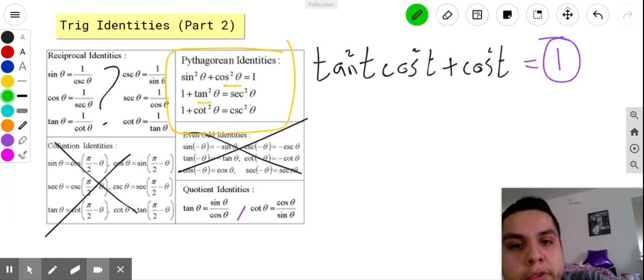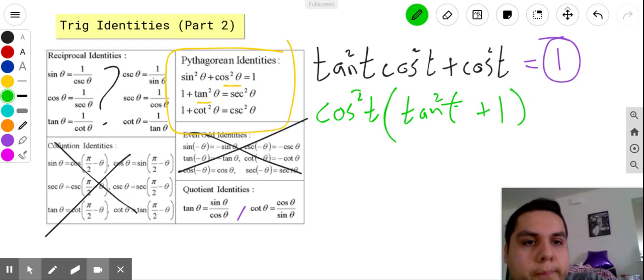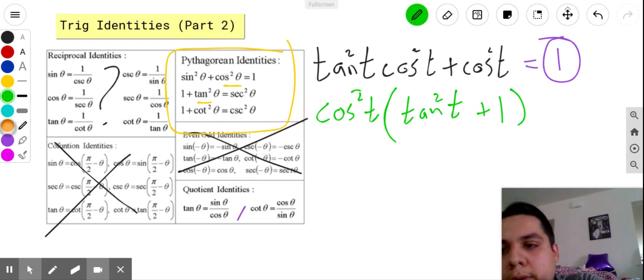You could also alternatively see this as a cosine squared of t times tangent squared of t plus 1, right? Because if you see it this way, then here's what happens.